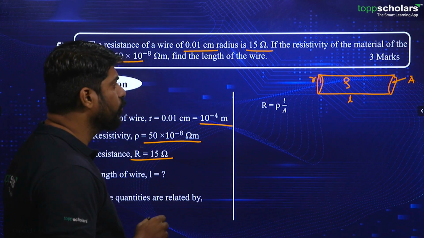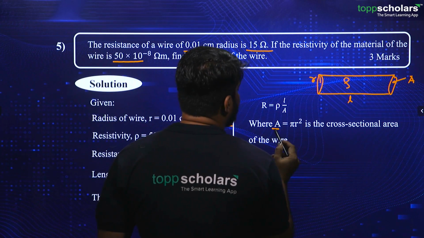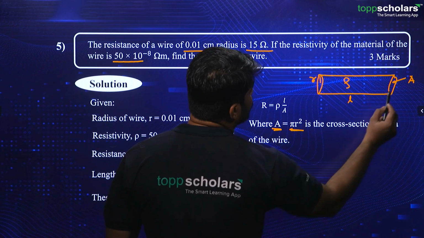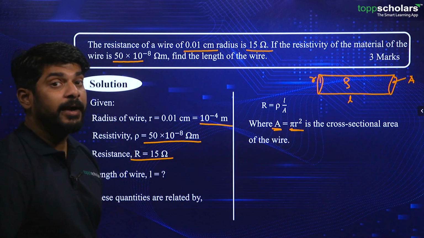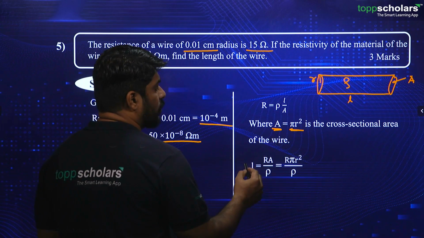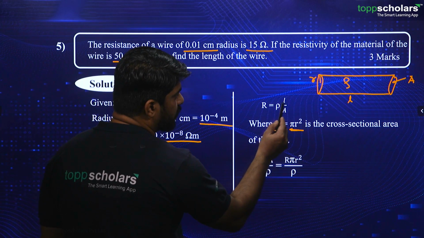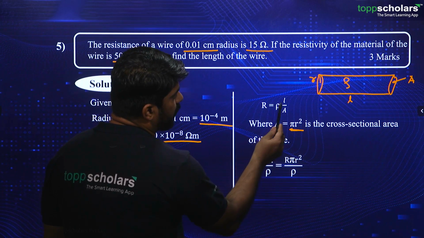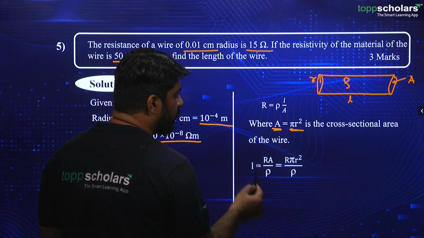Now what we will do is we will put the numbers. First of all, over here area is pi r squared. As you can see, this is a circular cross sectional area, so it is pi r squared. Then here is the length. What we have done is we have just arranged this equation. So after arranging for L, we get R and A on one side divided by rho.